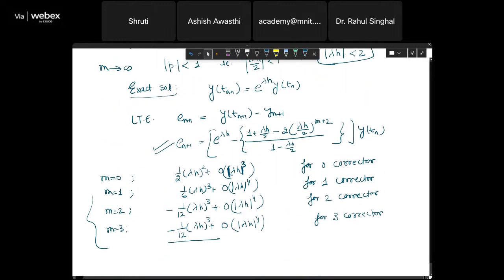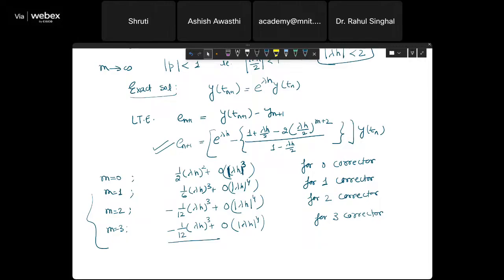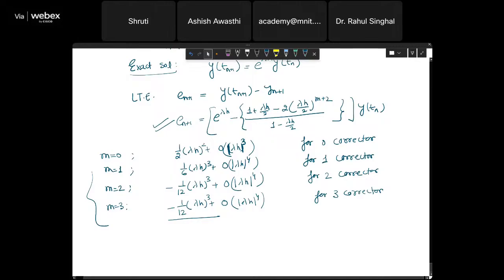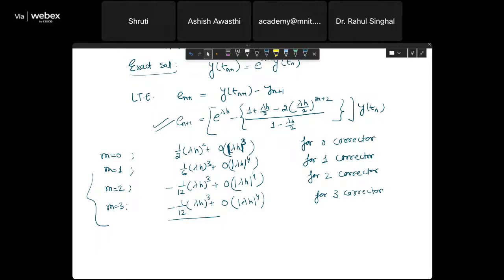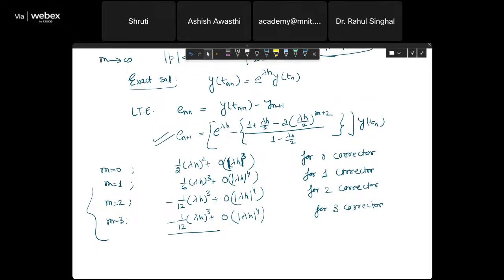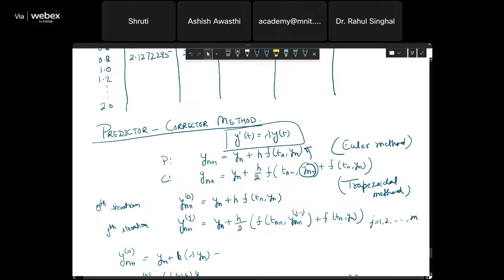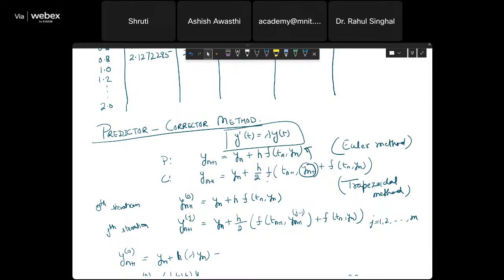So this is the way we can understand how predictor-corrector methods are used. Predictor-corrector methods are used to compute the approximate solution of the initial value problem. In this sequence we used the Euler method as predictor and the trapezoidal method as corrector, but any explicit method can be used as predictor and any implicit method as corrector.